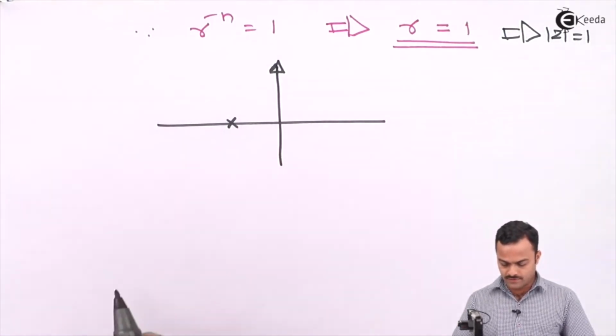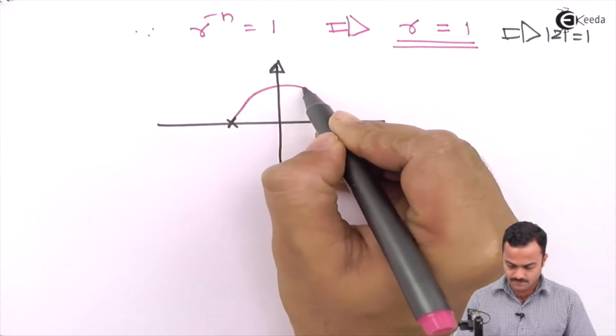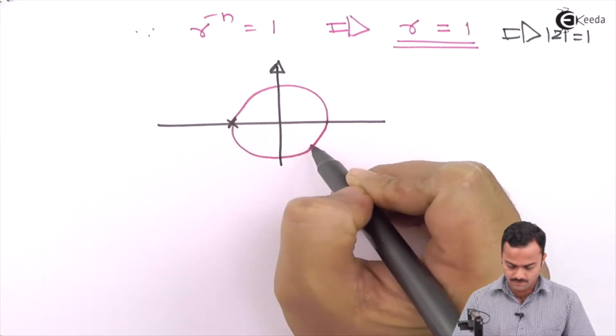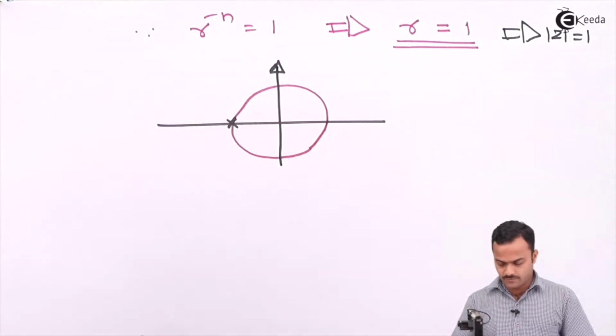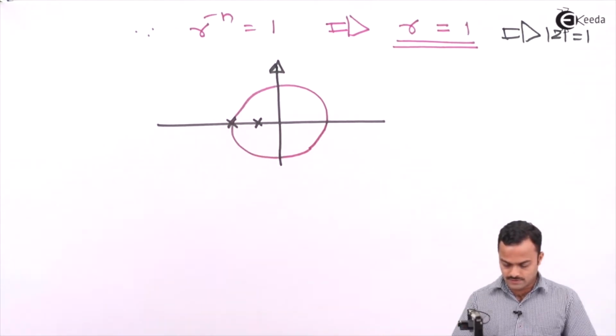Suppose I have a pole of a system like this, and let's have one more pole like this.